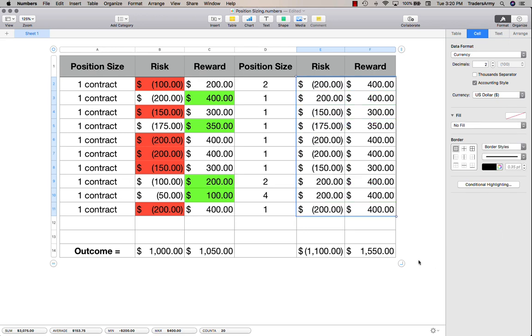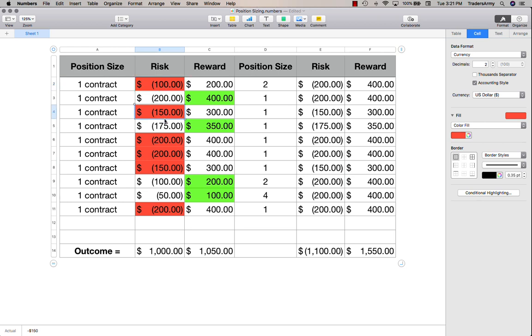Let's go ahead and say, well, we don't get to pick which ones we lost money on and which ones we made money on. So let's make all these losses. So these are the potential losses on the left-hand column. These are the potential profits on the right-hand column. So last time we lost on 1, 3, 5, 6, 7, and 10.